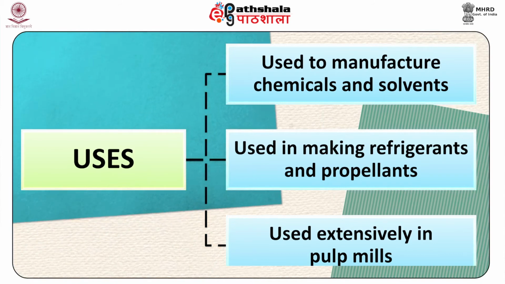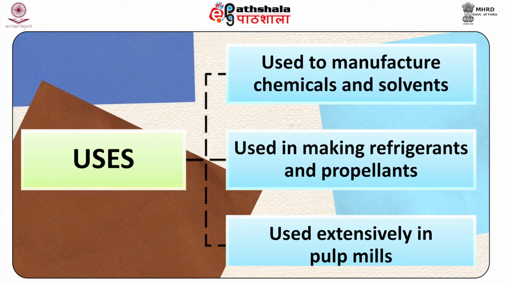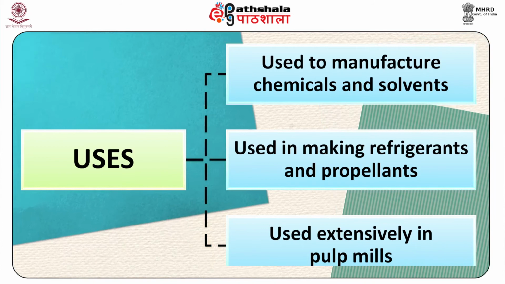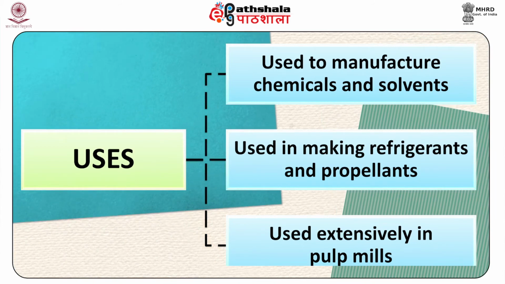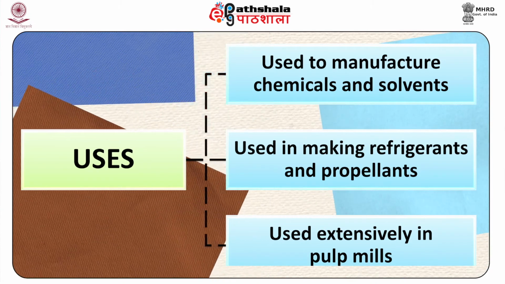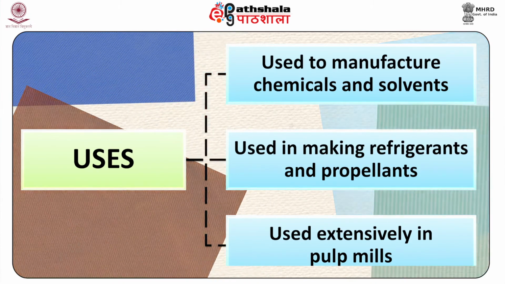It is also used in making refrigerants and propellants such as halocarbons and methyl chloride. It is used extensively in pulp mills, where wood chips are processed into pulp as part of the paper manufacturing process. Chlorine is also employed in purifying drinking and swimming water, for sanitation of industrial and sewage wastes and other disinfecting uses.